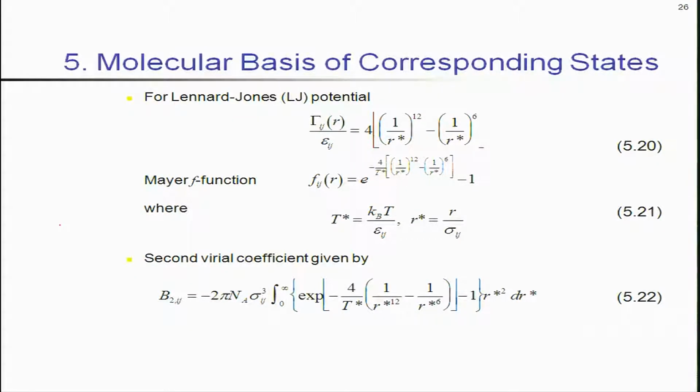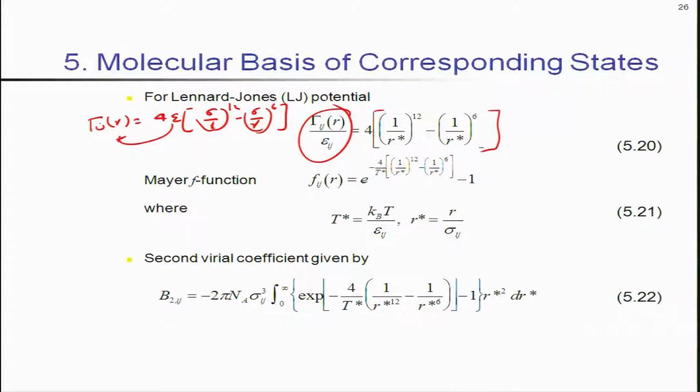Now for the case of Lennard-Jones, we have a term on the right hand side which is non-dimensionalized. Instead of writing gamma ij(r) equal to 4 epsilon [(sigma by r)^12 minus (sigma by r)^6], I can take out 4 epsilon, and the remainder is a non-dimensional term.